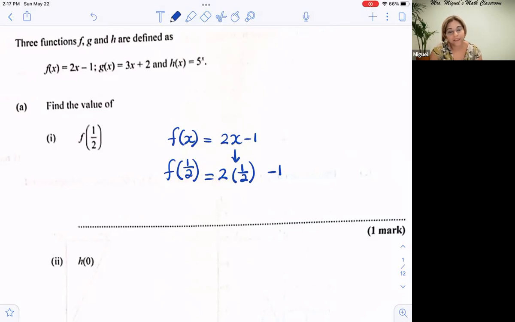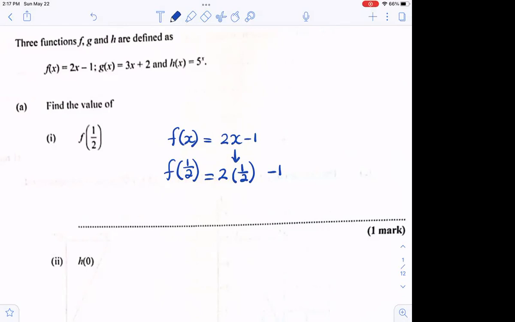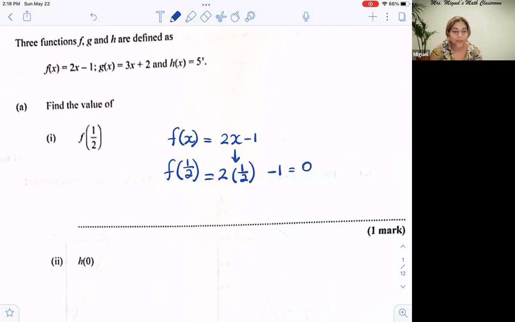So does anybody have an answer? Zero. Yes. So the answer is 0. So we are going to put 0 on our dotted line.